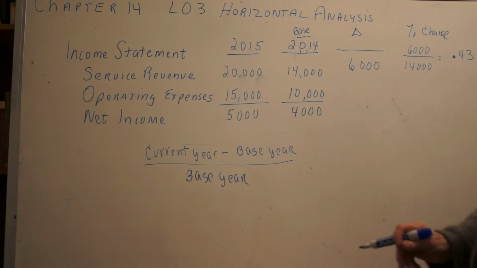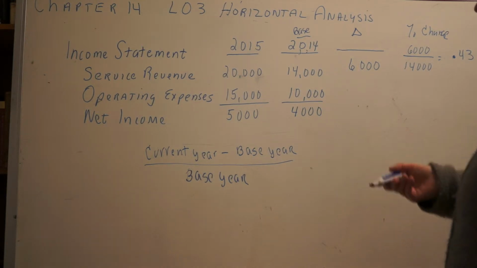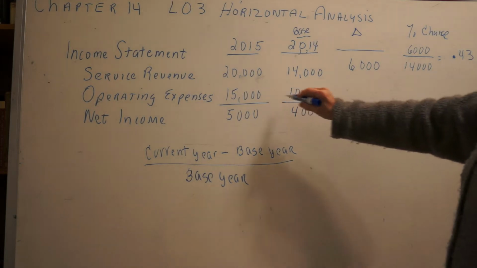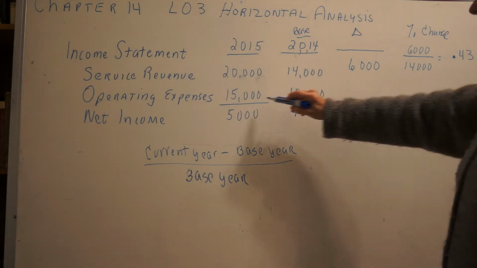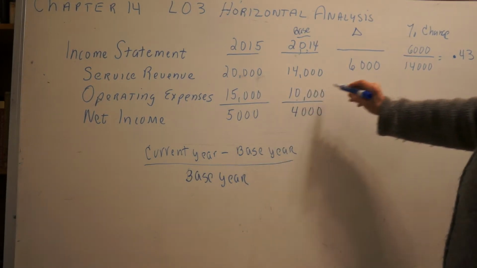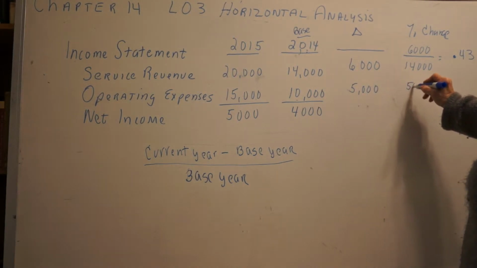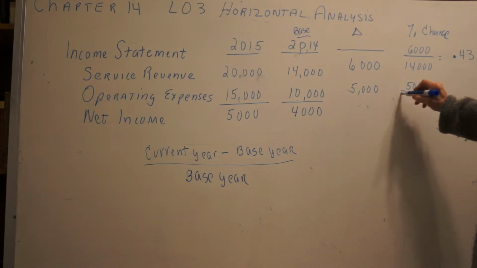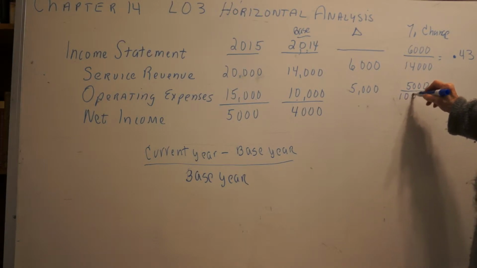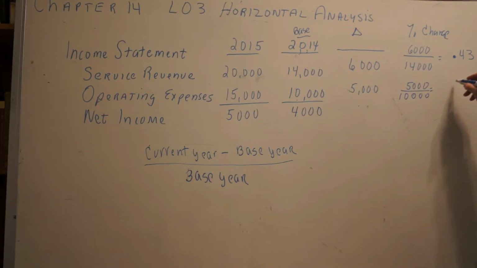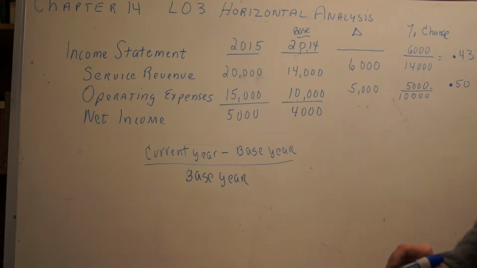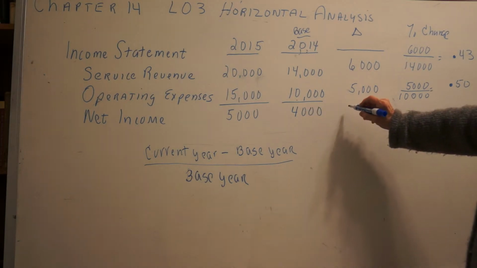Okay, so you do the same process for your operating expenses. So the current year minus the base year would be 5,000 change, and then you take that change, divide it by the base year, which is 10,000, and that gives you 50%. I'm doing it both ways here, so you can just see the two different ways to do it. And then you do the same thing with your net income.